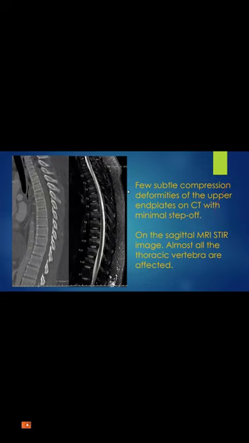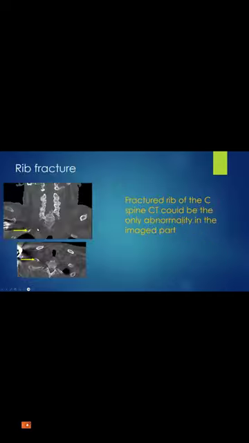When they did the MRI, it showed multiple upper endplate edemas, concerning for subtle upper endplate fractures at multiple levels. As you see here, there is a little bit of step off. Again, here, rib fracture, easy to miss. At the end of the run, the lowest cut, there is a line of fracture.